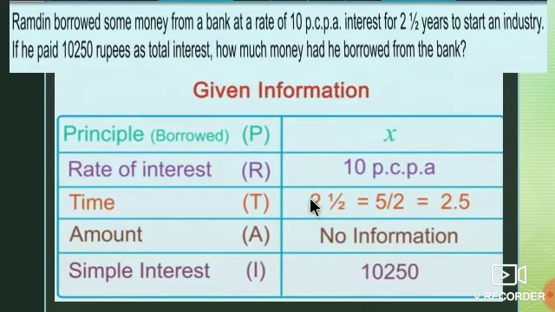But it is easy to take 2.5 as 2.5. Okay, so this is about the time. Is the amount given here? No, the amount is not given. Then what is this number? It shows 10,250 rupees as the total interest. So this amount is the interest, and in the interest column you have to write 10,250.